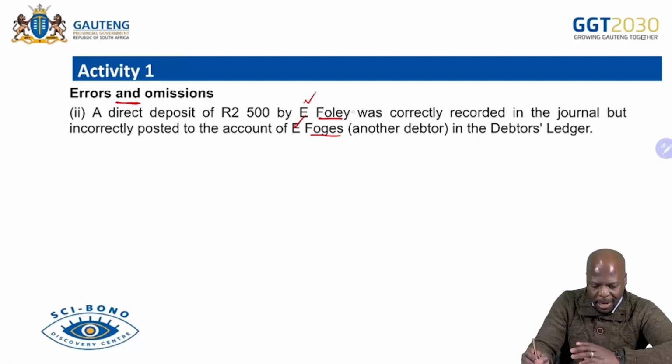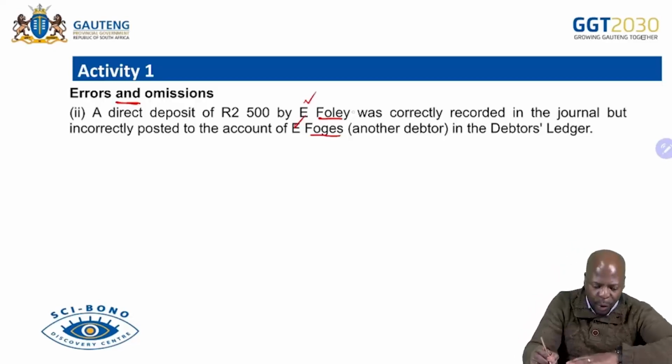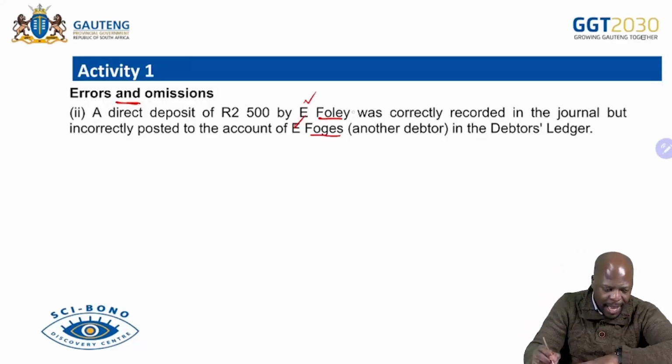So a payment was done by Foley, our debtor, but we went to Mr. Fox, who is another debtor, and then we made a mistake there. Were we supposed to record it in E Fogs? No. E Fogs did not pay us. Who paid us? Foley. So where is the error therefore?